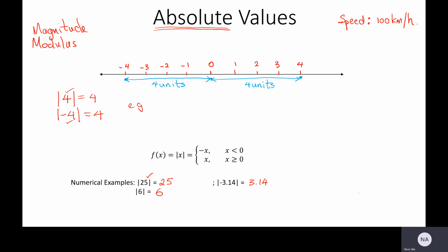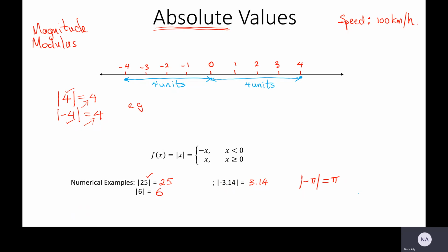So there we have some numerical examples, and I don't need to go on, irrespective of what we do. What is the absolute value of negative pi? It is pi. So those vertical lines indicate that you're dealing with the absolute values. Now notice the absolute values answer will always be positive.